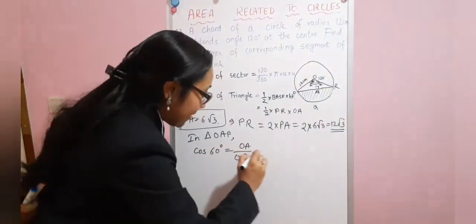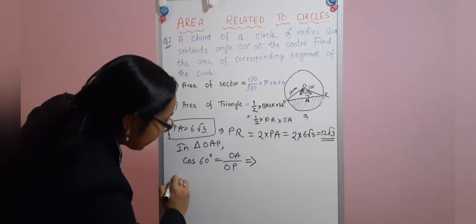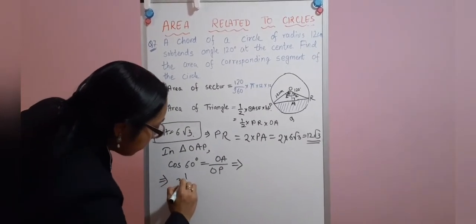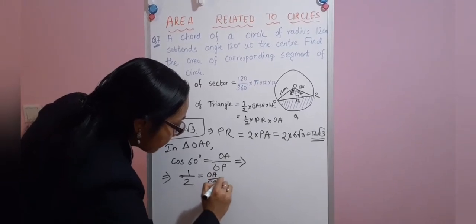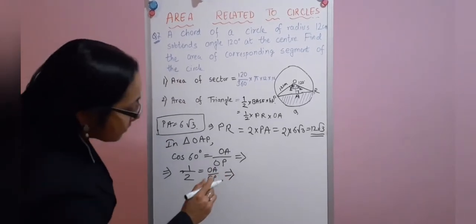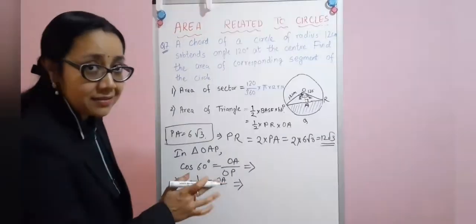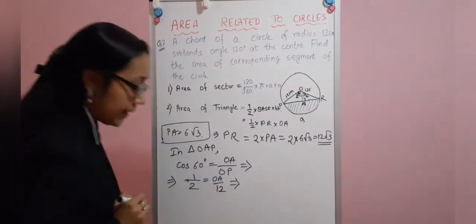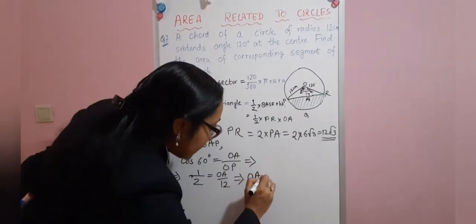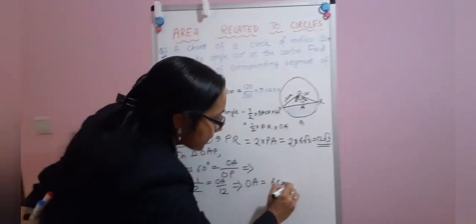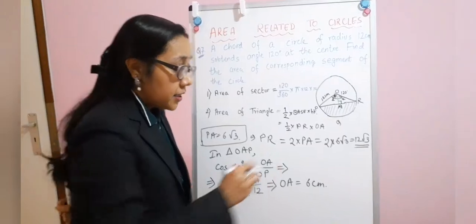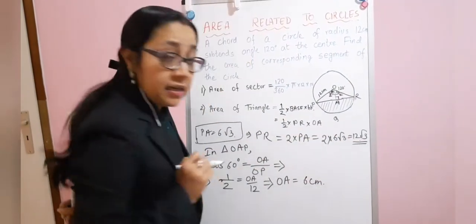That means we can write cos 60, that is half, equals OA by OP. That means we can write OP is what? The radius, which is 12. Correct? That means OA is equal to 12 divided by 2 or 6 centimeter. Right? So we know the base, we know the height.